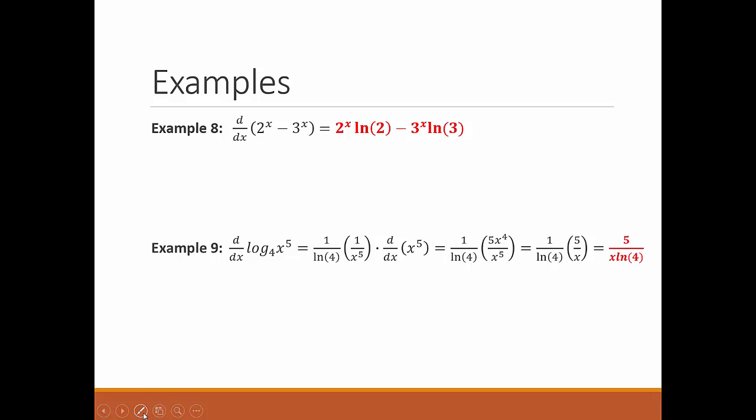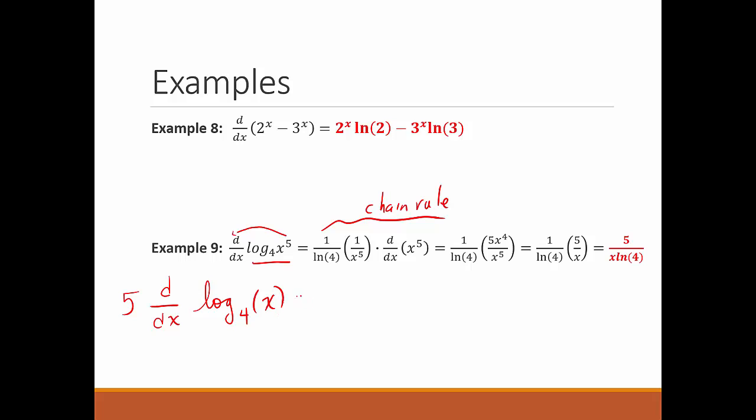If you would have started with this, because this is kind of getting into a future lesson called the chain rule, probably the easiest thing to do would be to use your log rule, and I can bring a constant out front. So I could bring that 5 out front and then get my log 4 of x.